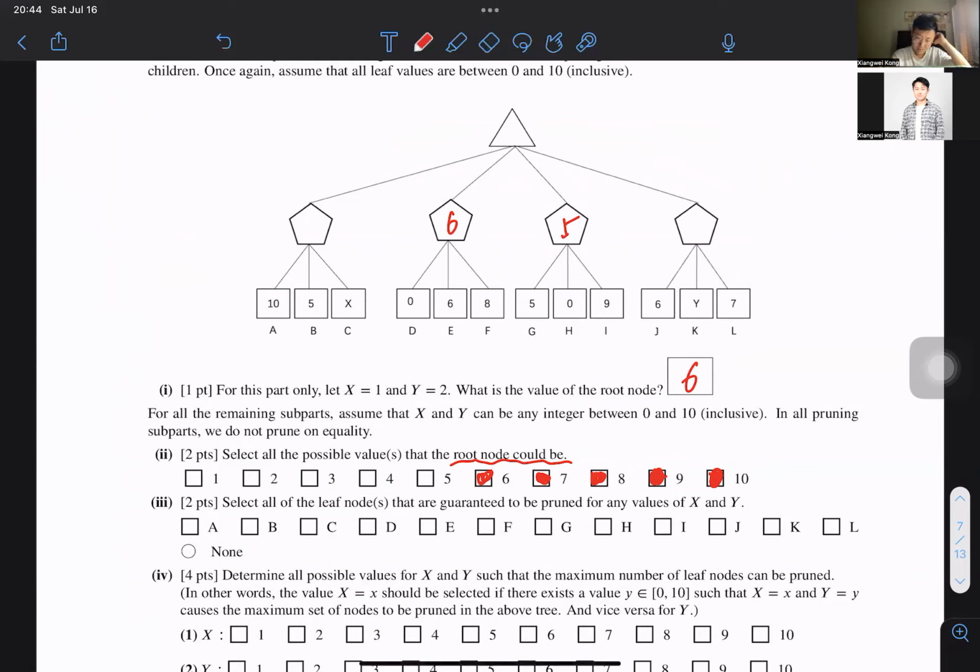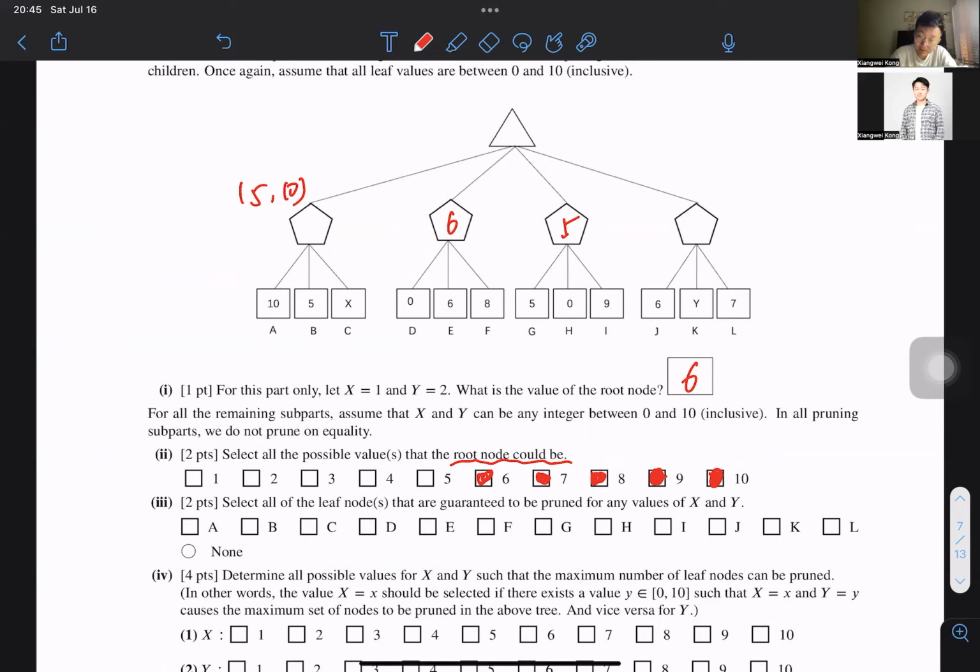Here, for this one, we don't know; we only know its range is from 5 to 10. And for the second one, its value is 6. If it gets 6, then the following medianers could not be a value less than 6. Since we say we don't prune inequality, they can be 6.